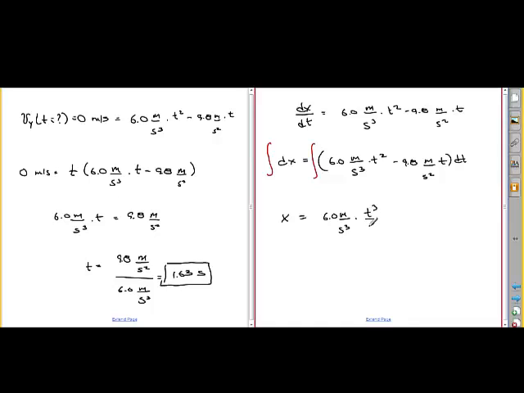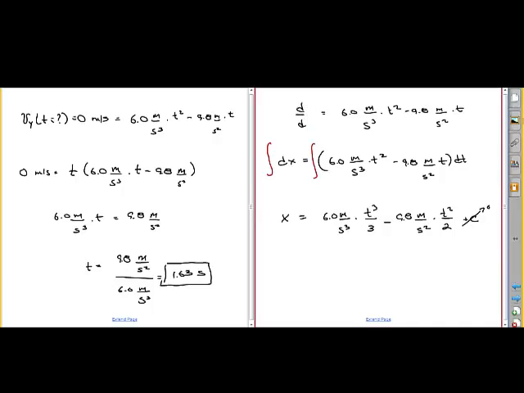Integrate t squared, you get t cubed over 3. Then we have 9.8 meters per second squared times t squared over 2 plus c, but this is 0 because x is 0, and actually I probably should be using y.